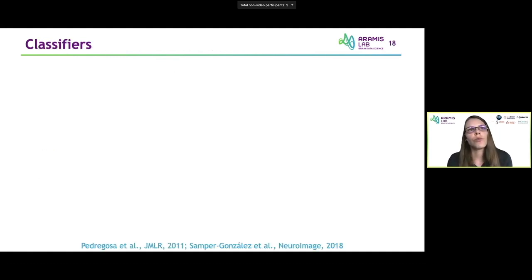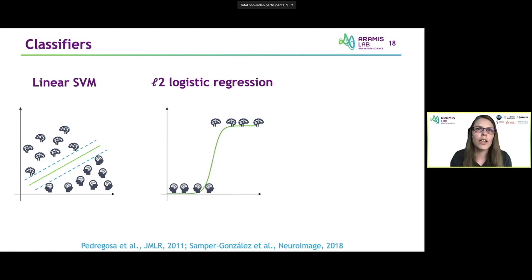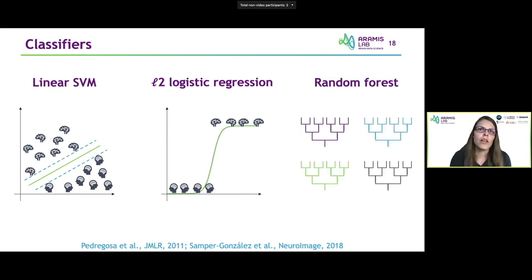Okay, so now that we have preprocessed our images, it's time to choose a classifier. And you can choose between many classifiers, such as the linear support vector machine, L2 logistic regression, or random forest. The linear SVM can be a good option when dealing with many features, which happens when you use whole images.